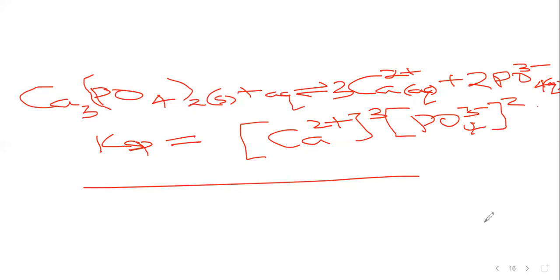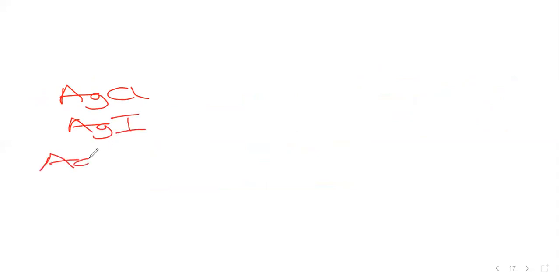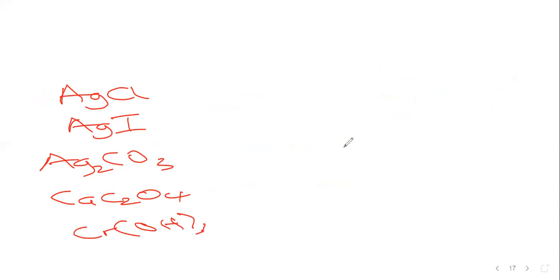So that's all about writing equations for solubility of the sparingly soluble compounds and their expressions for solubility product. Those with the books, you have questions about writing equations and expressions for silver chloride, silver iodide, silver carbonate, calcium ethane dioate, chromium 3 hydroxide, very many others. Lead 2 iodide, lead 2 chloride, lead 2 sulfide, manganese 2 sulfide, calcium hydroxide, all these are sparingly soluble.